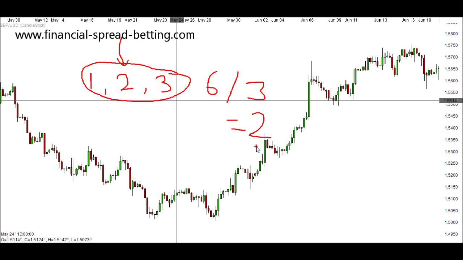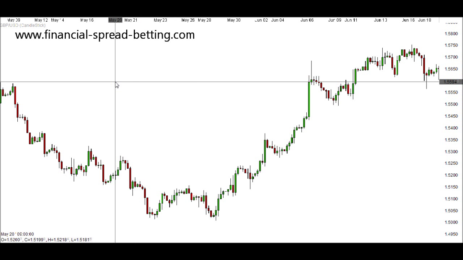So how does a moving average differ? Well, a moving average takes a series of numbers like so, and is determined by the period or length of the moving average.